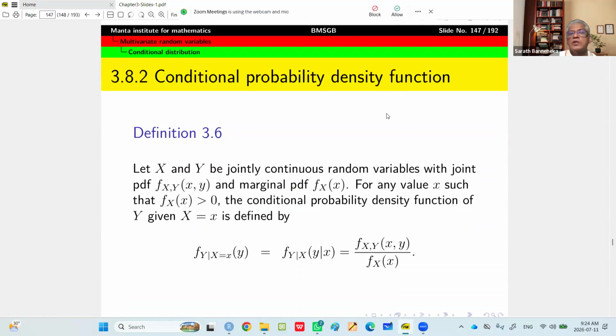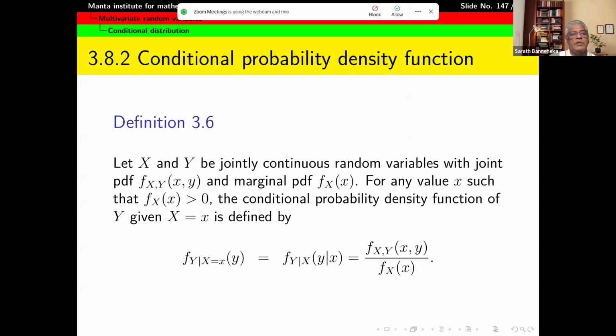Okay, now we come to the continuous case. Let x and y be jointly continuous random variables with joint probability density function f_{X,Y} evaluated at (x, y) and the marginal probability density function of x being f_X. Very similar to the previous situation, we are going to talk about the conditional probability density function of y given x equal to simple x.